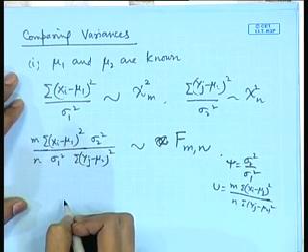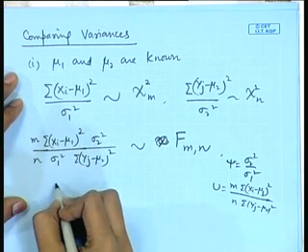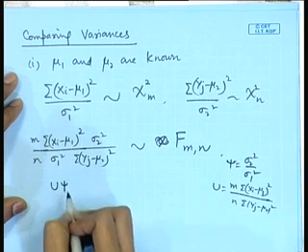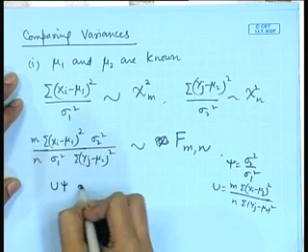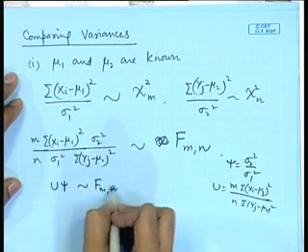So, we are having u psi following f distribution on m, n degrees of freedom.